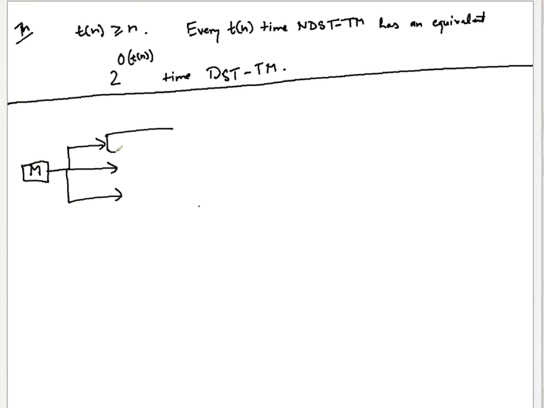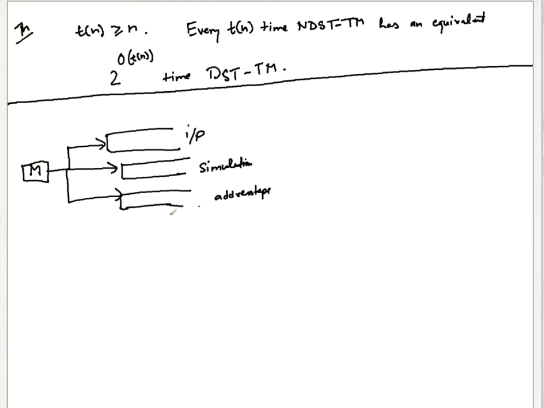The first was the input tape, the second tape was the simulation tape, and the third tape is called the address tape. So this 3-tape deterministic Turing machine can simulate any computation of a non-deterministic Turing machine, right? And whenever you have a multi-tape Turing machine, you can further convert it into a single-tape Turing machine, right?